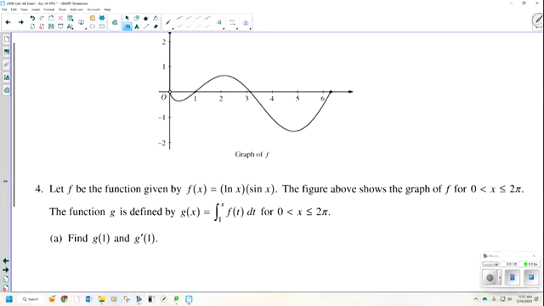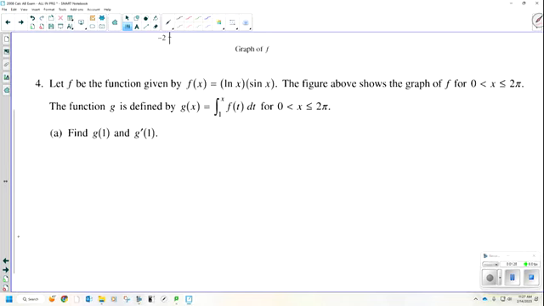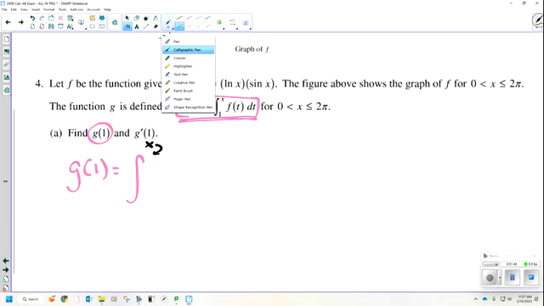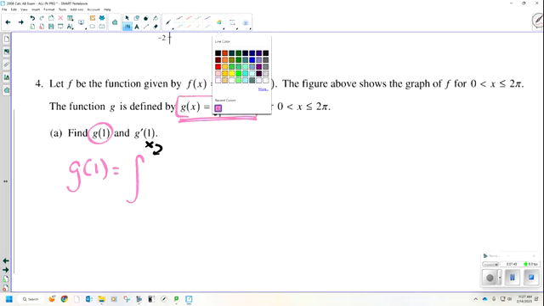All right. Let's come down here, and we notice that this is g right here. If I want to find g of 1, I'm simply going to place 1 into my x value. There was an x right up here for the upper bound, and we're going to put a 1 there because that's what's going in for x.